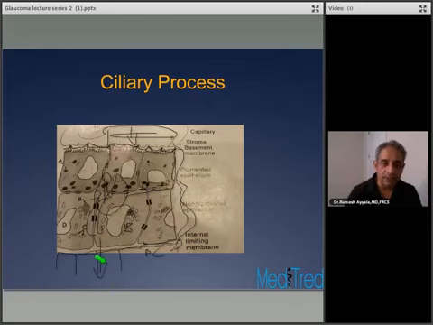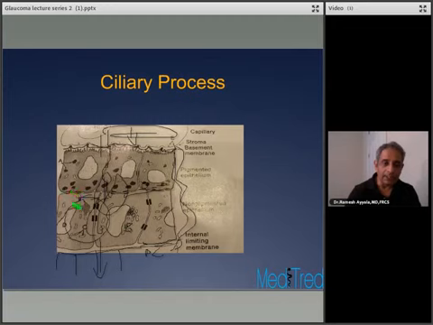So the assumption is that there's ultrafiltration from the capillaries into the stroma and the epithelial cells. There's some active secretion going on of sodium, potassium, ascorbate, and other structures, bicarbonate, in the non-pigmented epithelium.